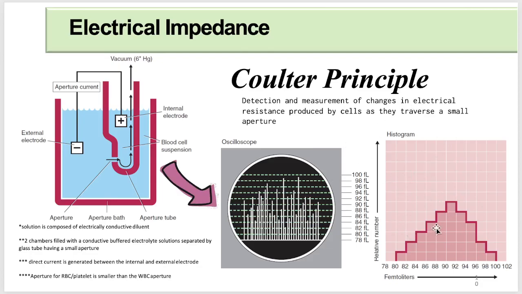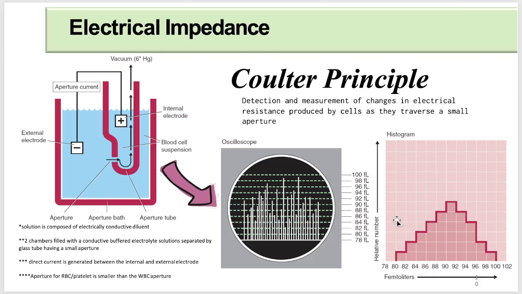Anong y-axis dito? This is your y-axis. Relative number, we're talking about the number of your cells versus the x-axis. Again, talking about the channel number equivalent to the specific volume on the x-axis, which is your femtoliter. The histogram produced depicts the volume distribution of the cells counted.